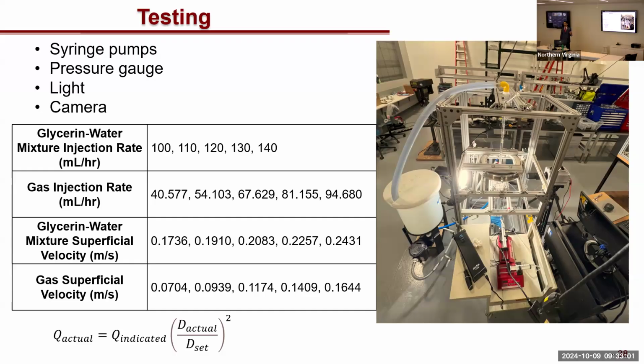We used a light shining on the test section and a camera capturing the test section directly, about a foot above where the bubbles were injected. Again, we needed to correct the volumetric flow rate of the gas because the syringe pump was improperly set.